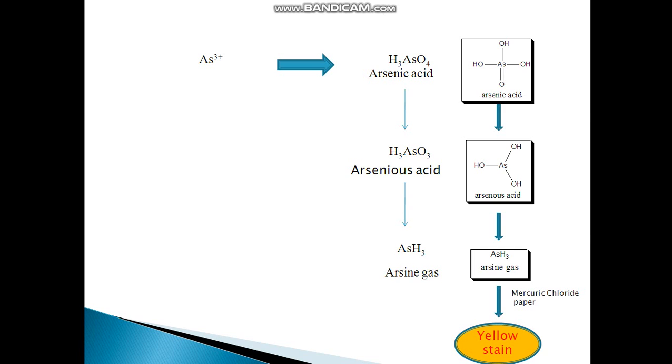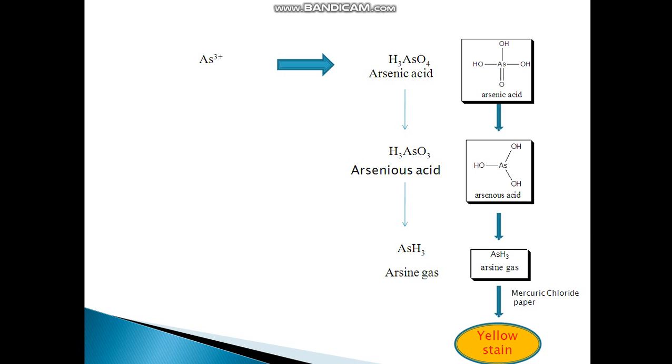In the second step, this arsenic acid converts into arsenious acid in the presence of a reducing agent like potassium iodide. In the third step, this arsenious acid is further reduced to arsine gas. When this arsine gas is passed through the mercury chloride paper, it gives a yellow stain on the paper.